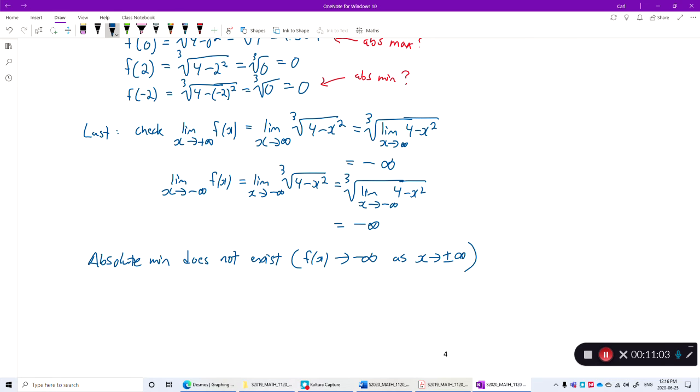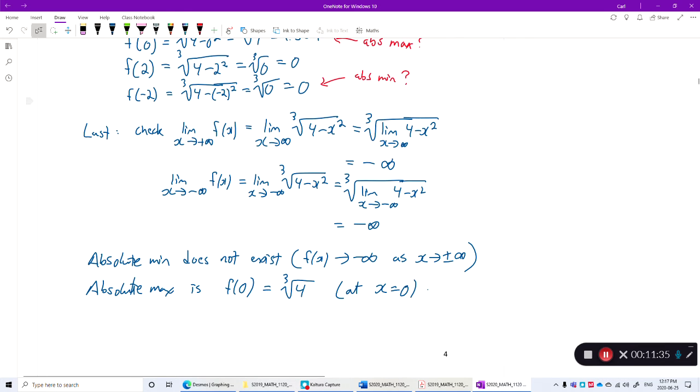There's no stopping point. The absolute max is at x equals 0. Let me write this: the absolute max is f of 0, which is cube root of 4, which occurs at x equals 0.